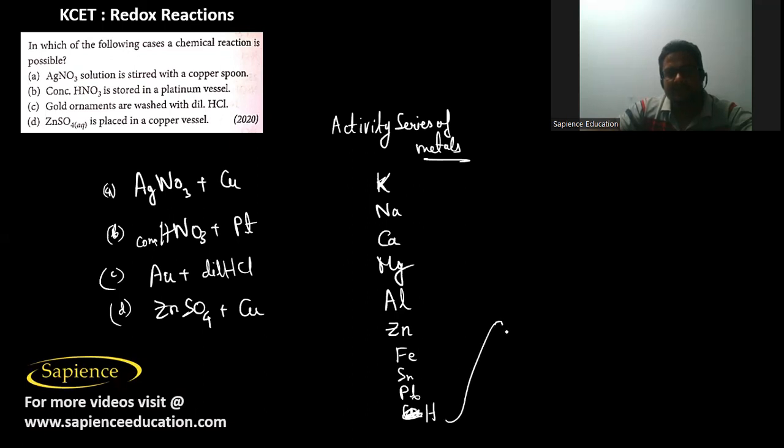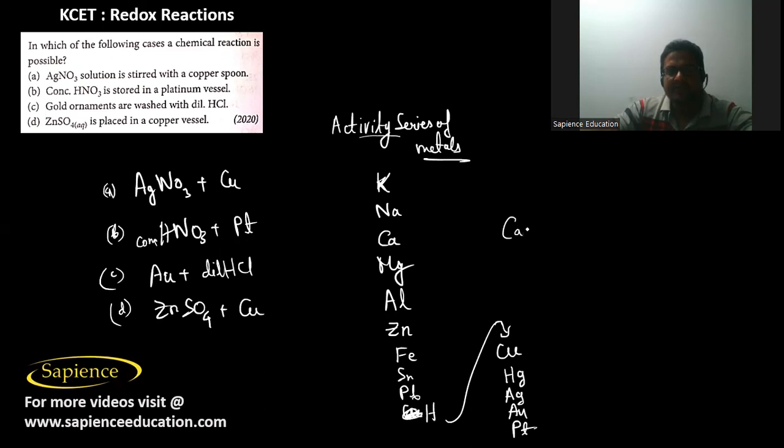Then after this we have copper, then mercury, then silver, then gold, then platinum. And here the rule is that the metal which comes higher in the activity series can displace the lower metal from its salt.